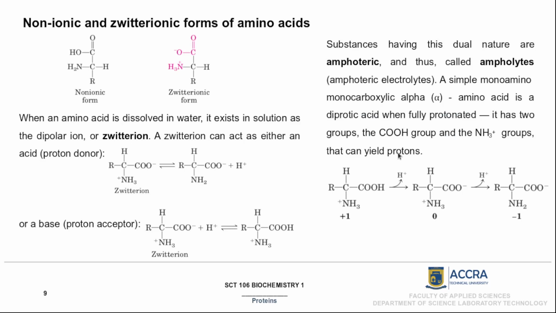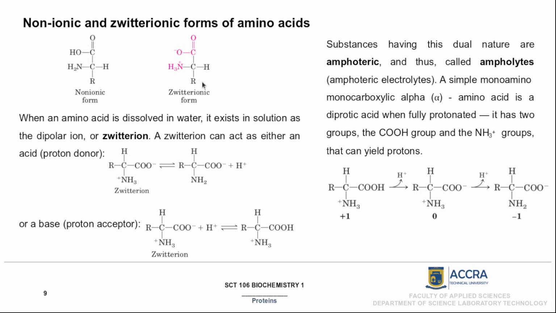Now, the non-ionic form of amino acids does not occur in significant amounts in aqueous solutions. The zwitterion predominates at neutral pH. So at neutral pH, you have the zwitterion here on the right predominating in solutions rather than the non-ionic form.